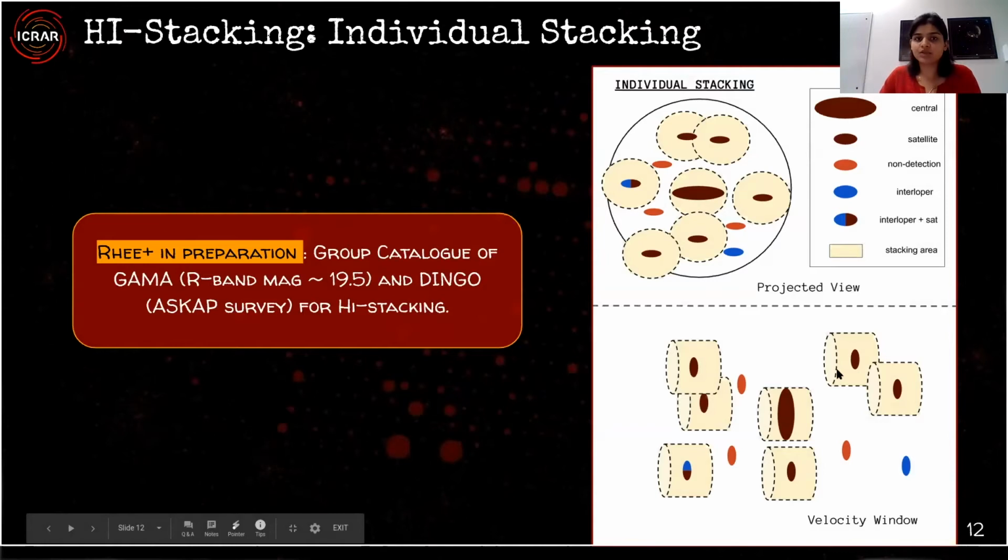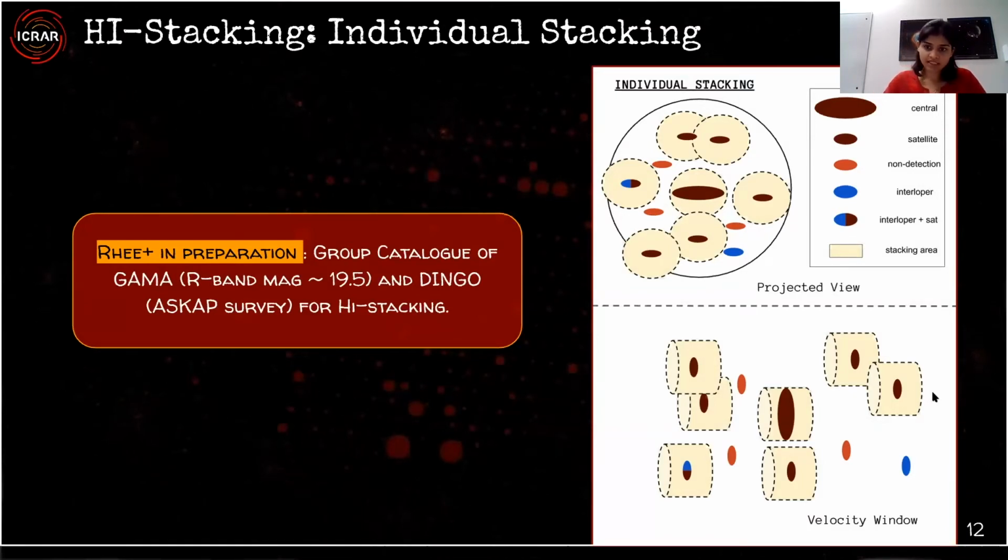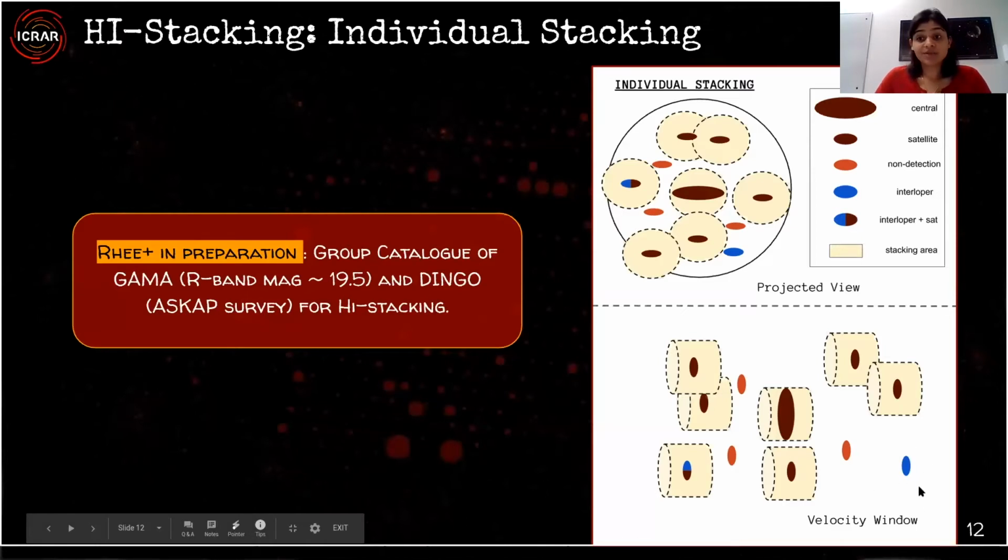So rather than using an entire aperture, they are individually stacking them and then adding them together to get the total HI mass associated to that halo. Pros, you do not get interlopers coming in because they wouldn't be identified as part of the group. Cons, you would be missing out the non-detections that would be lying below the magnitude limit of the GAMA survey.